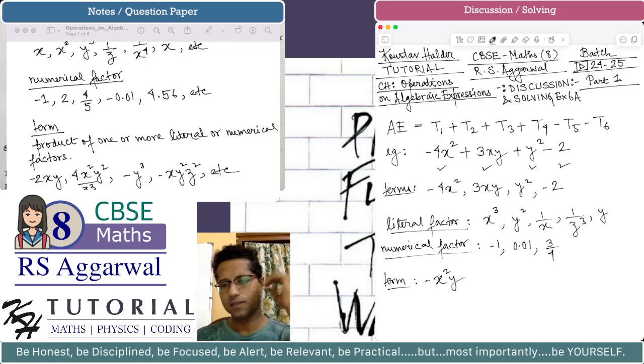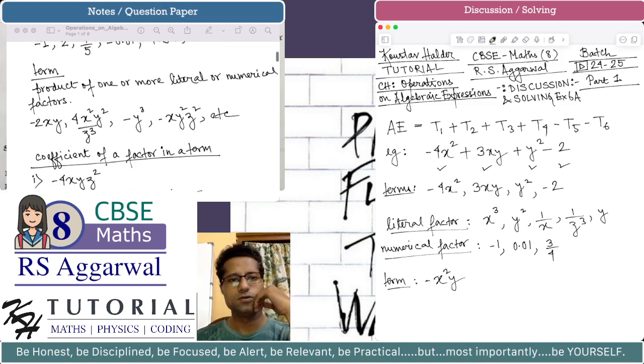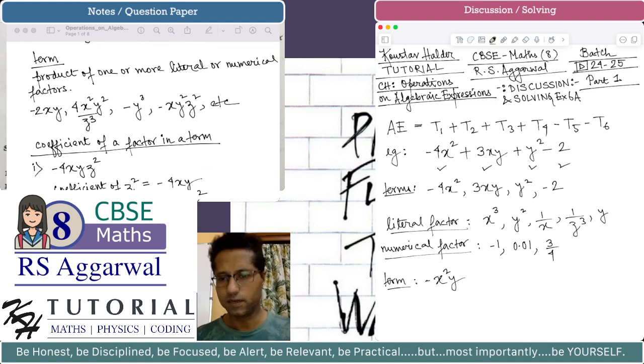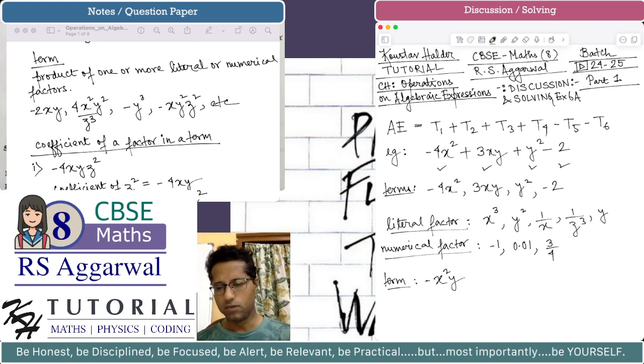This is a term, and a term is a product of one or more literal or numerical factors. But if there is more than one numerical factor, their product is considered as one numerical factor. Okay, so minus x square y is a term.